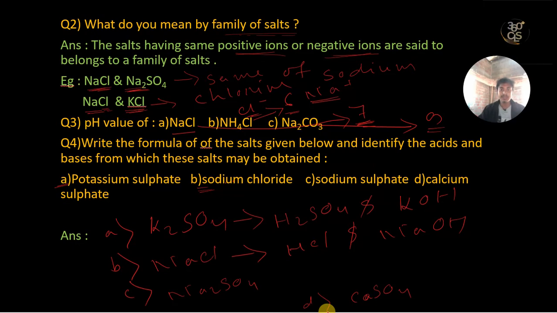In case of sodium sulfate, acid is H2SO4, that is sulfuric acid, and base is NaOH. And in case of calcium sulfate, acid is H2SO4 and base is calcium hydroxide.